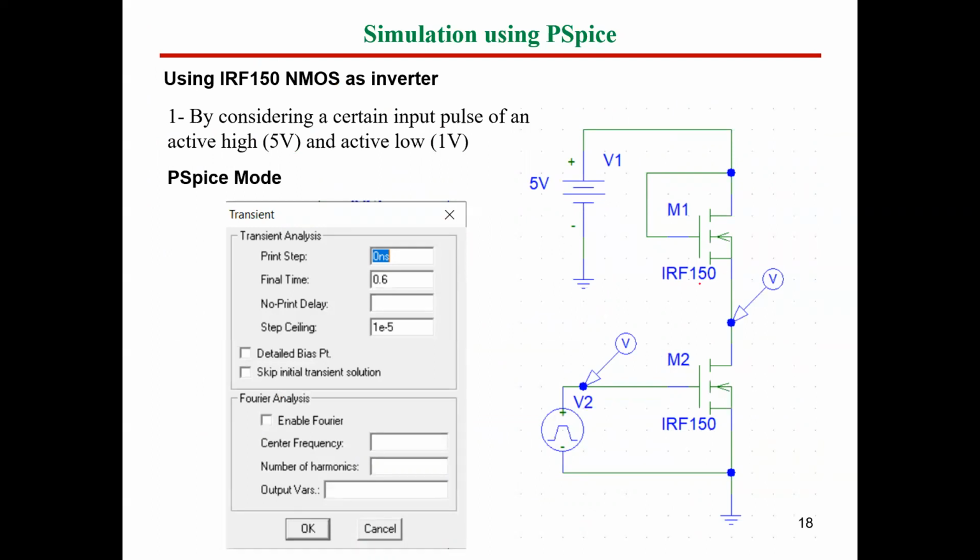This MOSFET is, I believe, 100 volt, and the current is around 30-something ampere. So let's see together if we connect the upper MOSFET as load and the lower MOSFET as driver, as we said, and investigate the performance of this circuit using PSpice.